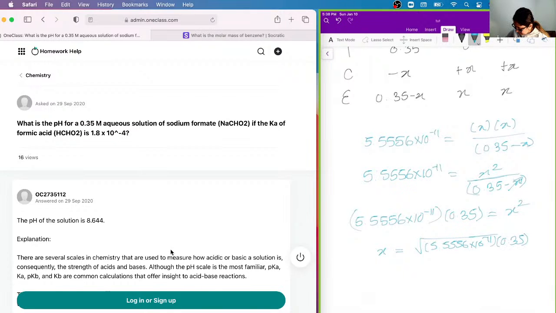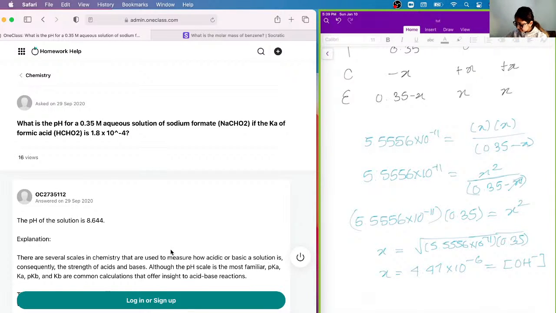And once you do this, X is equal to 4.41 times 10 to the power negative 6. Okay, and so this is also equal to the concentration of your hydroxide ion.